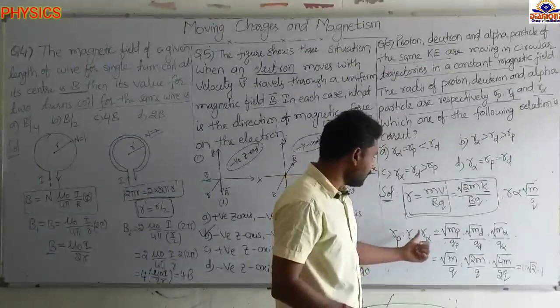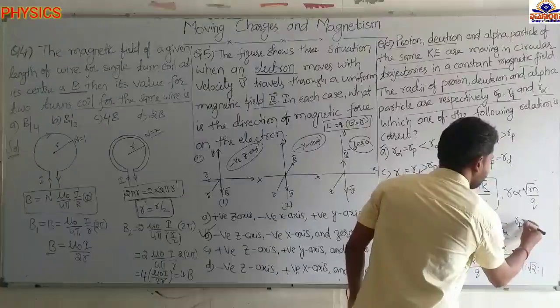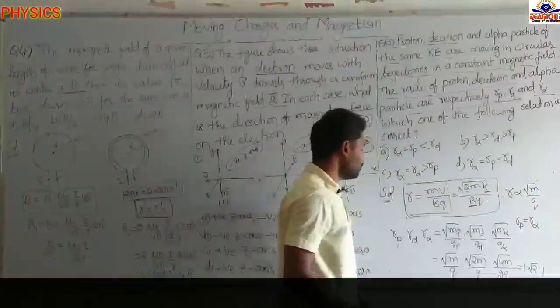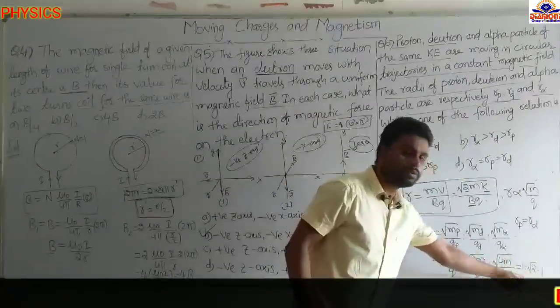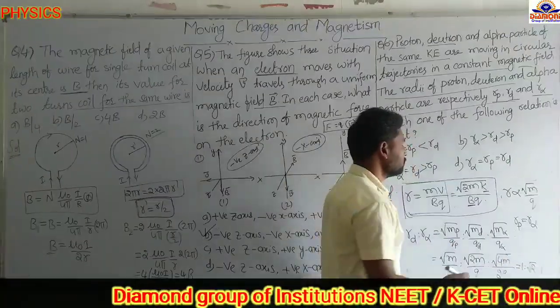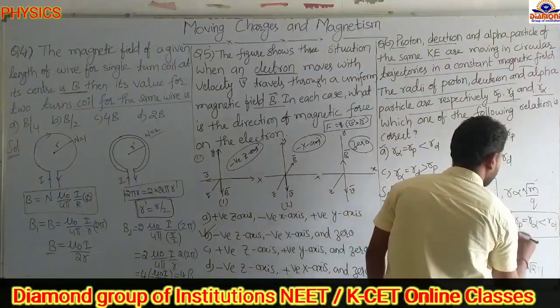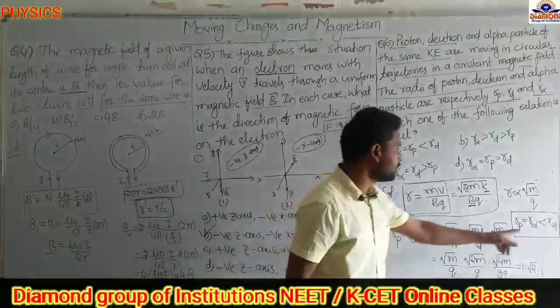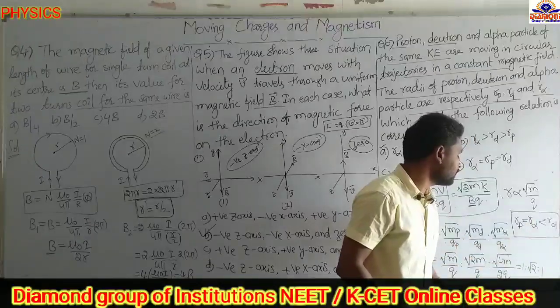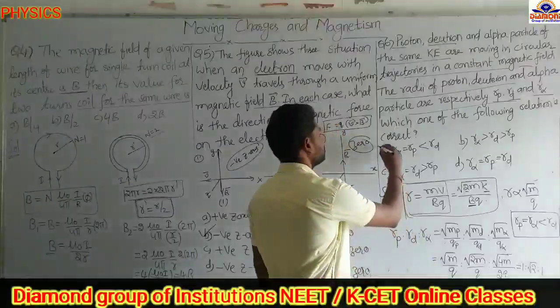So rp and r alpha are both 1, that means rp equal to r alpha. But rd equals root 2, which is 1.414, that is greater. So the radius of the deuteron is greater than the proton and alpha particle, and the radius of the alpha particle and proton is the same. So option A is the right answer.